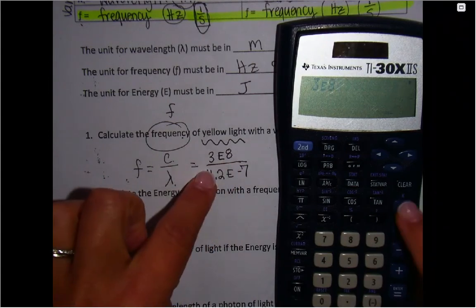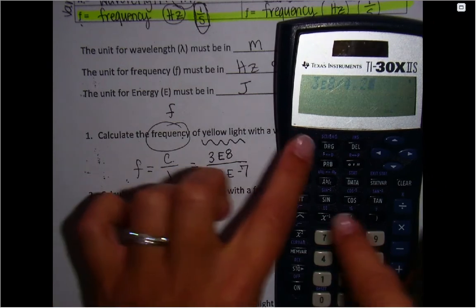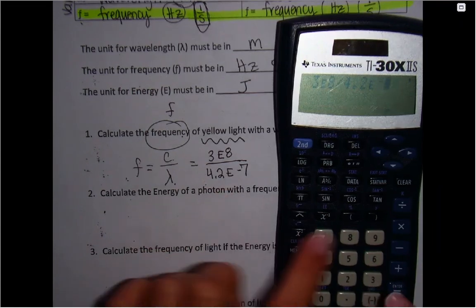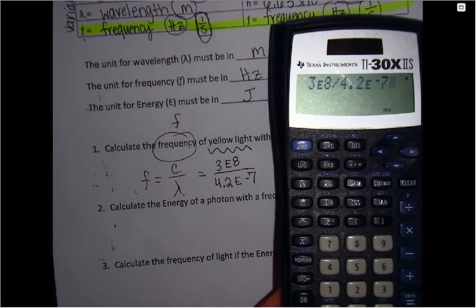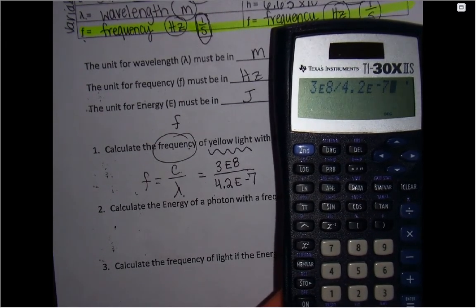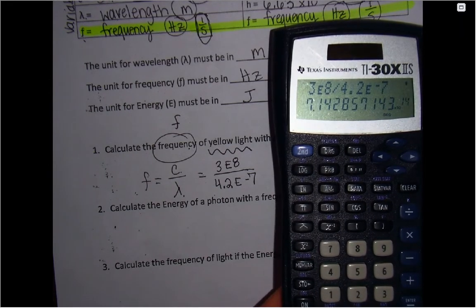Then I'm going to move right into divide 4.2, hit that e again, and then -7. Okay? So that's what I have on my calculator. Notice no parentheses, nothing. You don't have to worry about it. When you're ready, you're going to push enter, and we get our answer.